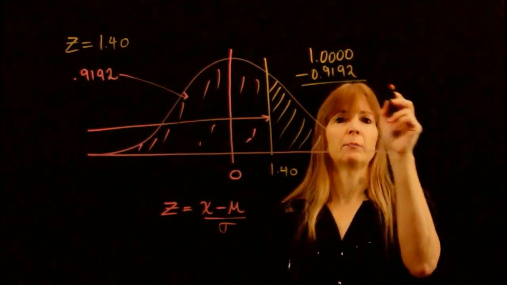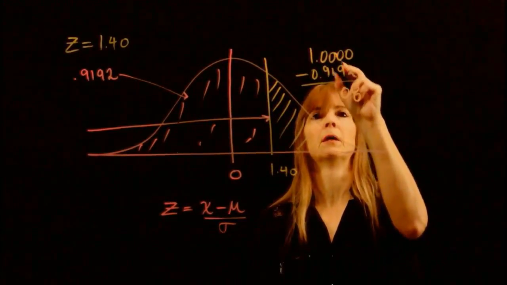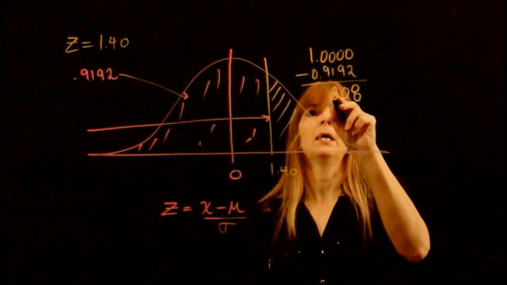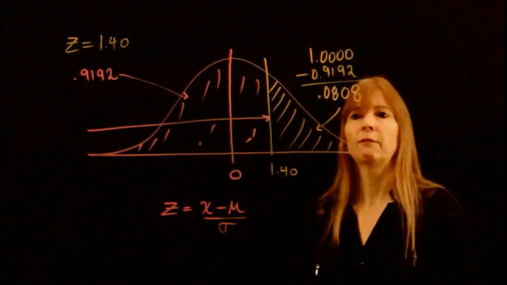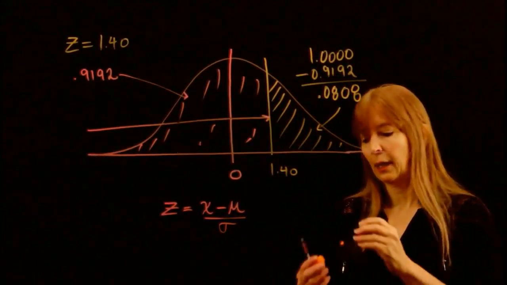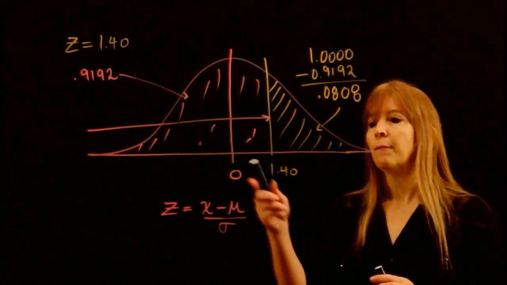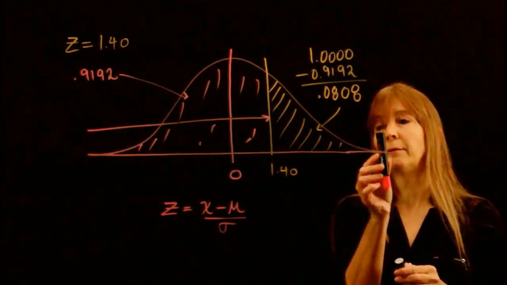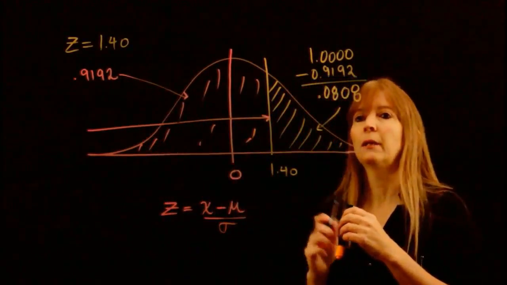And if I subtract this, 0.9192, I get 0.0808. So that would be the probability that I would be 1.4 standard deviations or above. If I wanted the probability below, then that would be that value there.